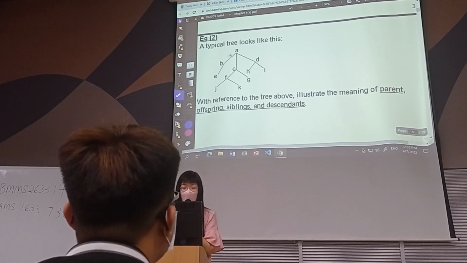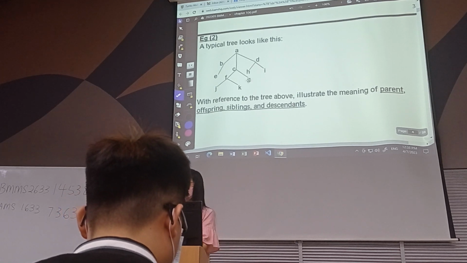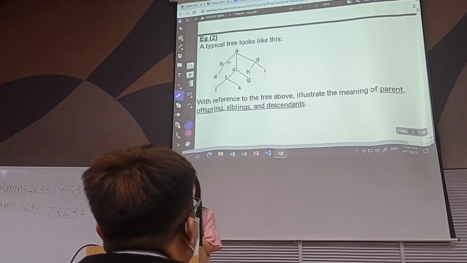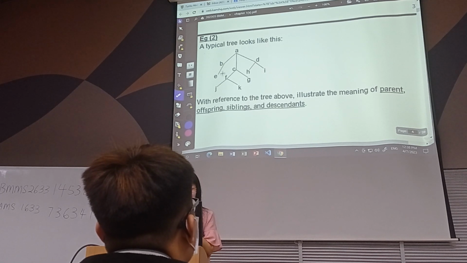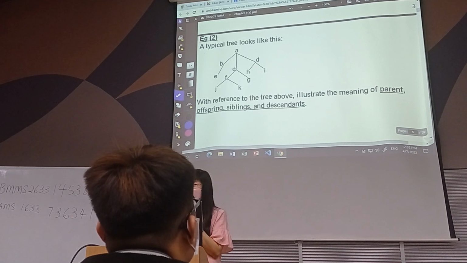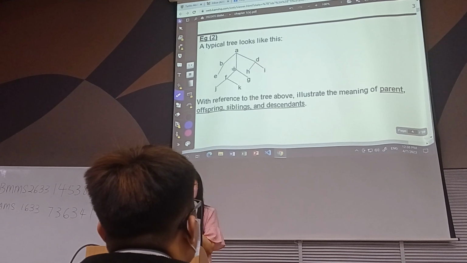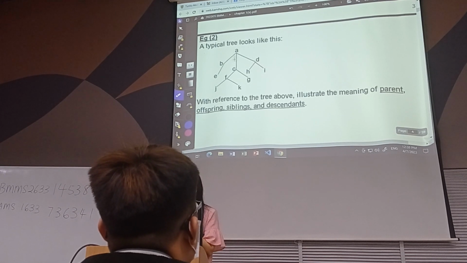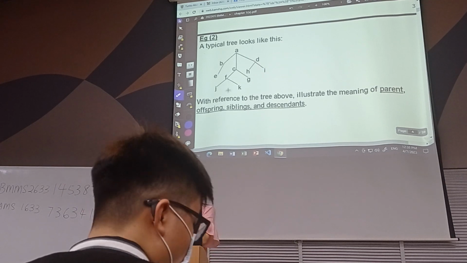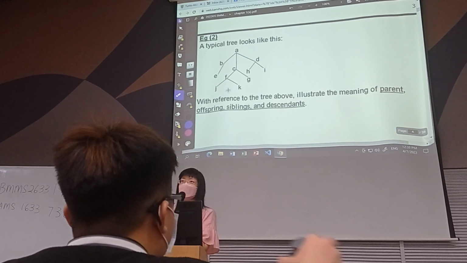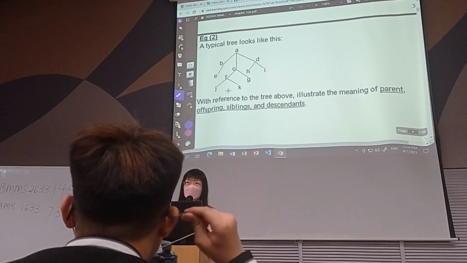The below here can be the children of the parent. And then below here, it can be the grandchildren. Then the same level here can be the siblings. So all these below the A here, you can say are descendants, like the relationship in your family.